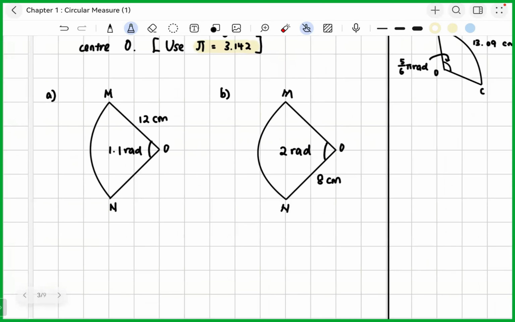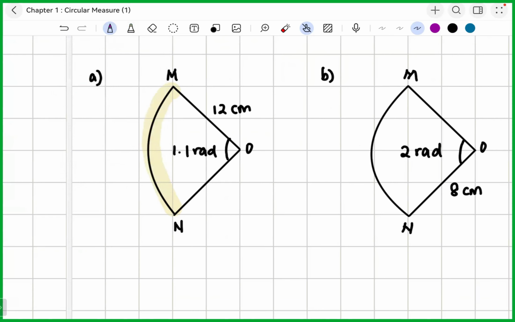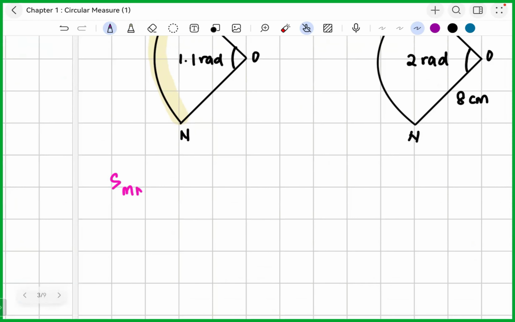For question A, we want to find the arc length, which means this line MN, the line that I shaded using yellow color. How to find arc length? Use the formula S equals r theta.